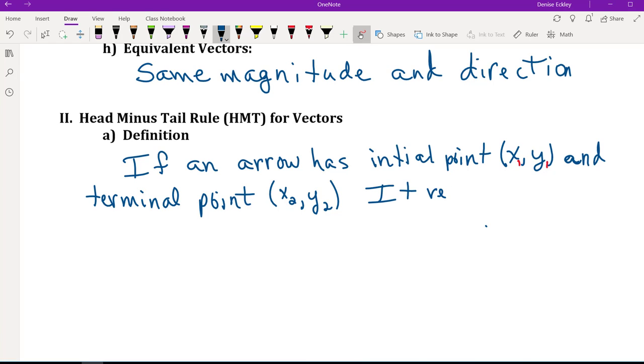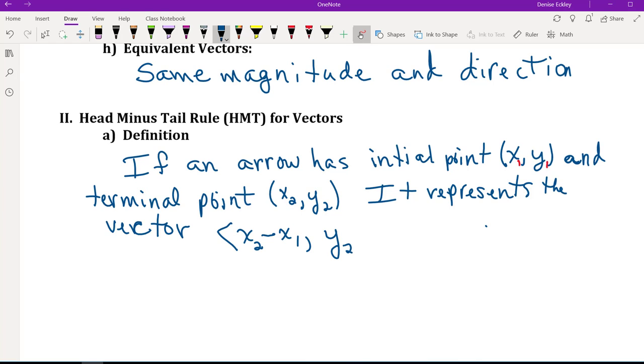It represents the vector, and here's where the head minus tail thing comes in. You take the head, where it's headed, and you subtract the tail, where it's been, because the tail's behind the dog, in this fashion to get the new coordinates of your vector.